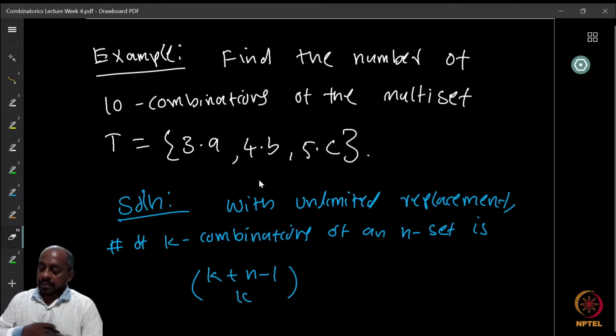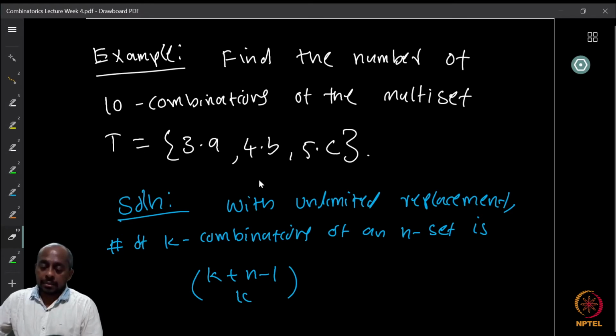Given unlimited replacement, the number of k-combinations of an n-element set, where each element has unlimited replacement available, is k plus n minus 1 choose k. This is something that we proved. Okay, now what can we do in this case? So that is the question.